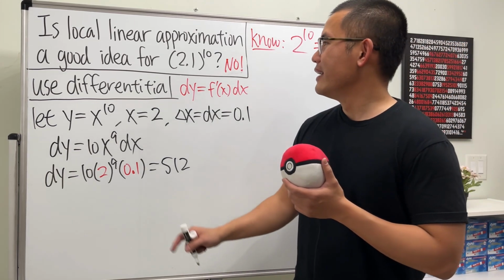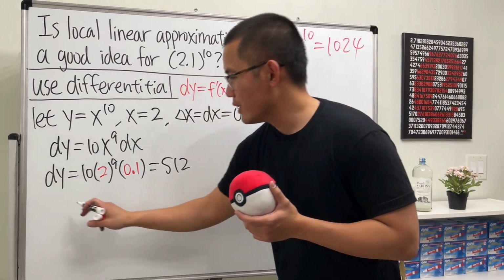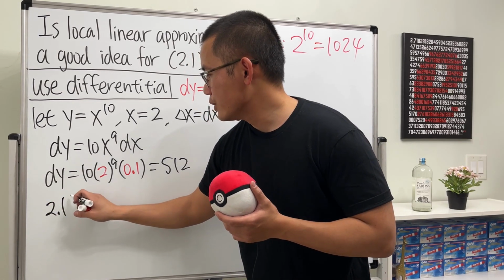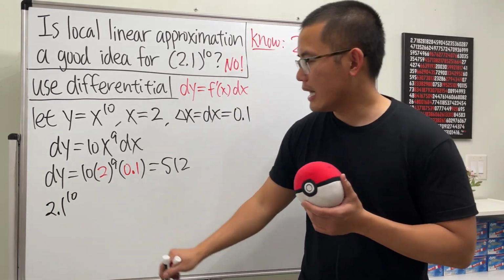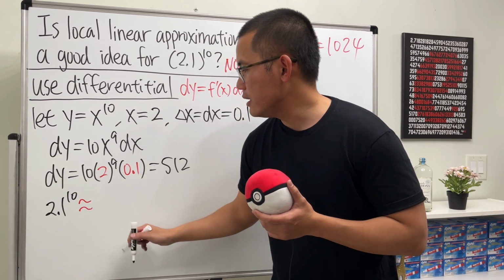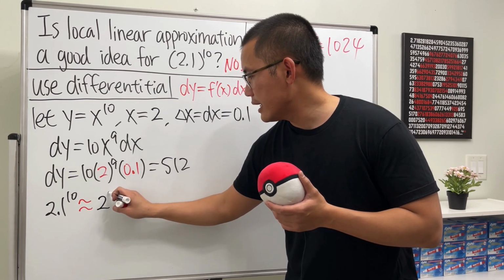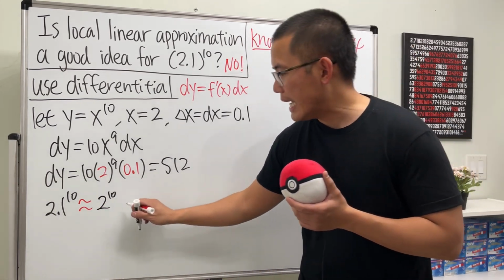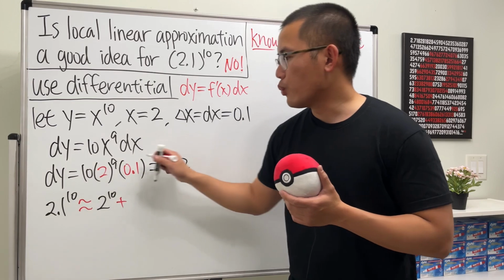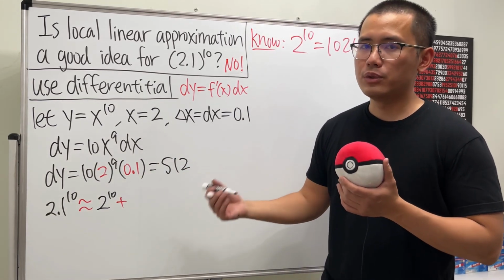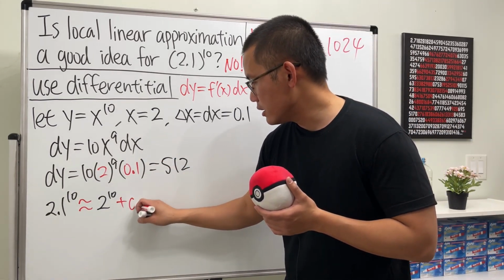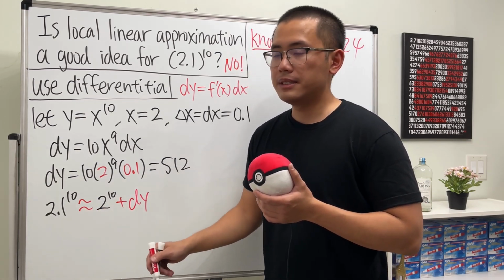Now to get this, we want 2.1 to the 10th power. I will just tell you that this will be approximately what we know, which is 2 to the 10th power, and then we just have to add the change in y, the approximate change by using the derivative, so that's the dy. That's why it's approximate.